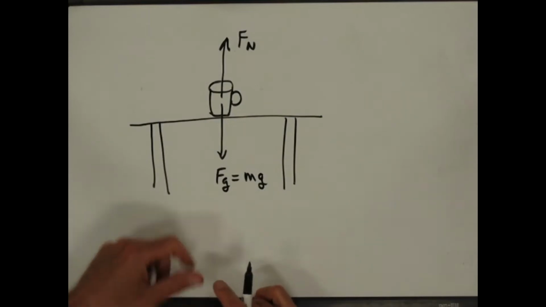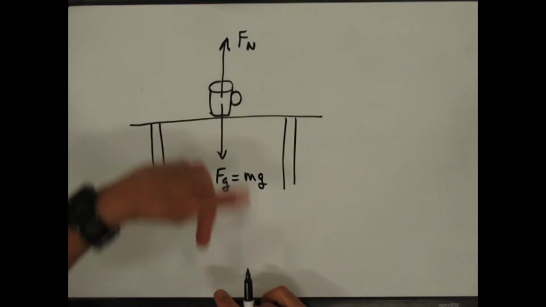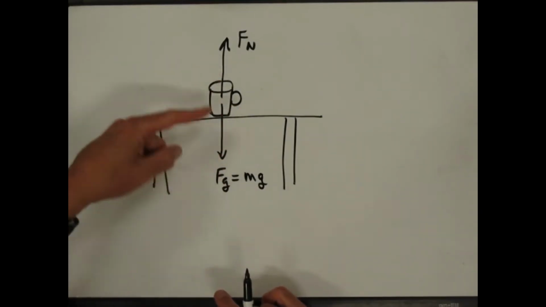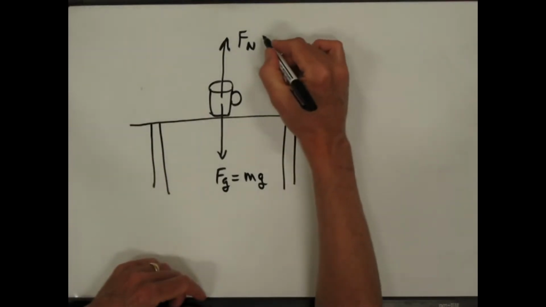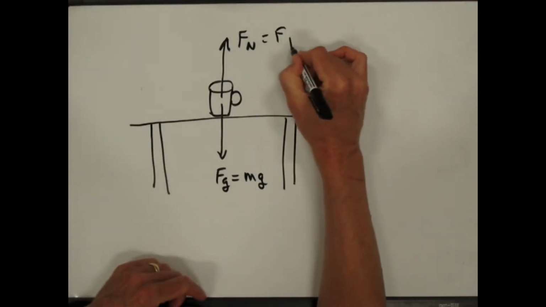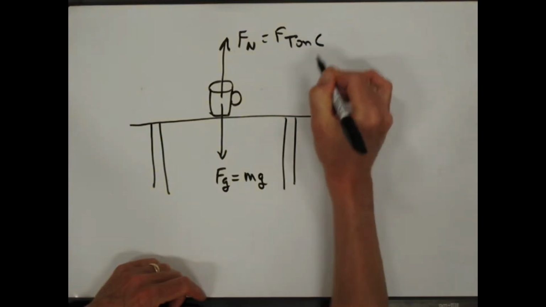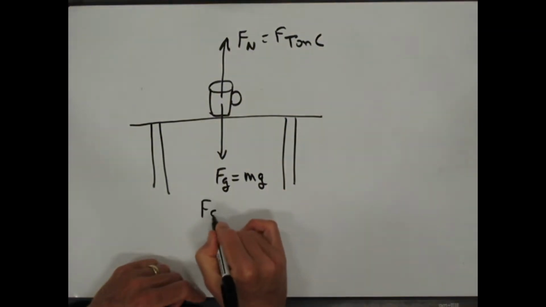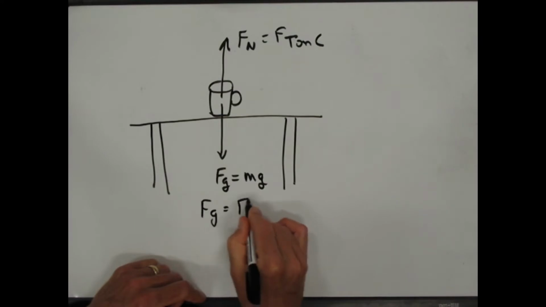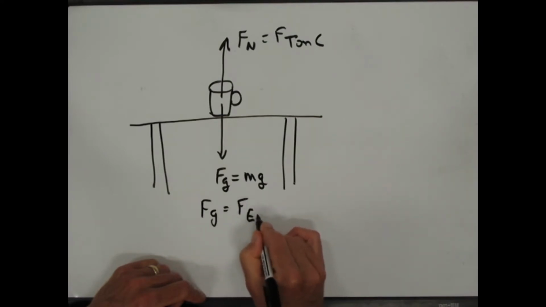In fact, that has to exactly balance the force of gravity, but these two are not an equal and opposite pair. This is the force due to the table on the cup, and the force of gravity is the force due to the earth on the cup.